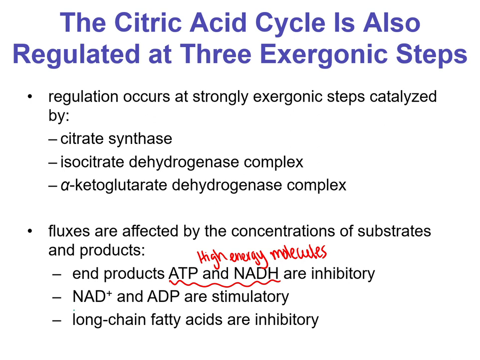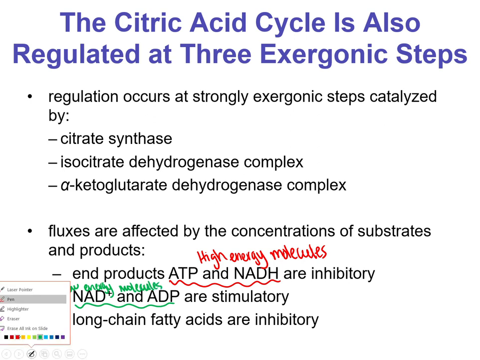NAD and ADP, they stimulate activity, and these are low energy molecules. And in addition to that, we've got long chain fatty acids, which are not exactly high energy molecules per se.